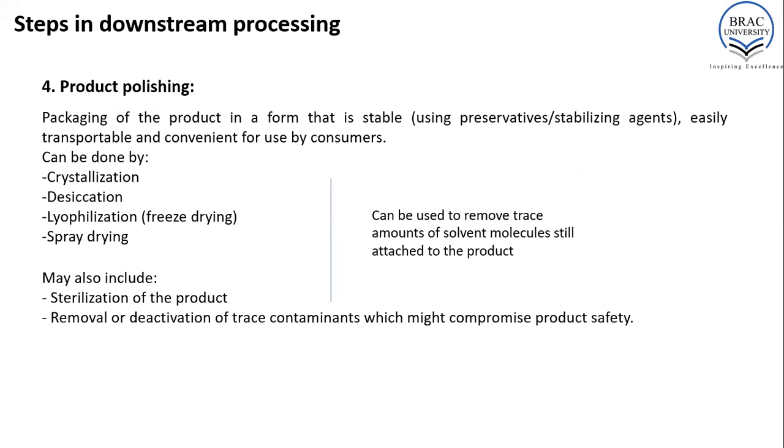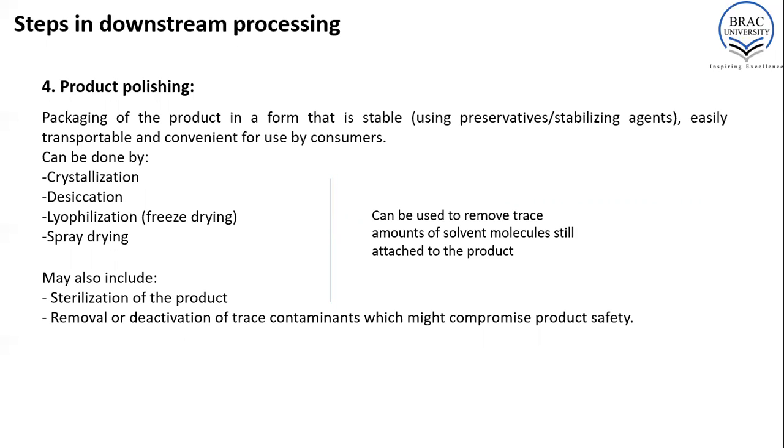The next step is product polishing, or really preparing the product for the market. For the final product, various excipients can be added to stabilize it or enhance its characteristics.